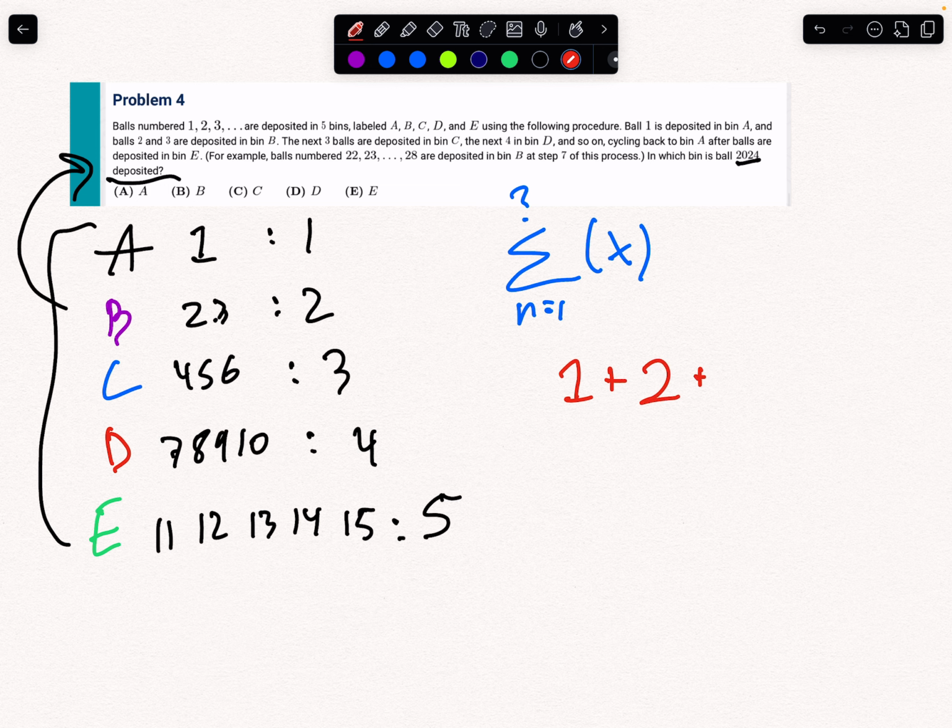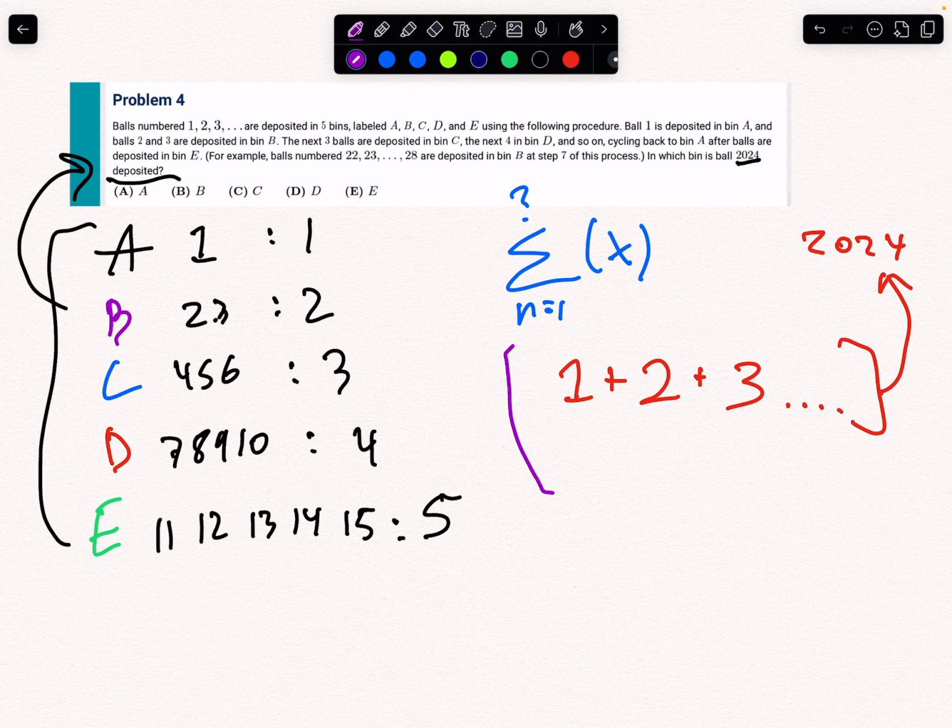Then for bin 3, you're going to have 3 balls, and so forth. You want to get to a point where you reach a sum of 2024, because once you reach a sum of 2024, you know that's where the last ball is dropped. And then you have to find into what bin that last ball is dropped.